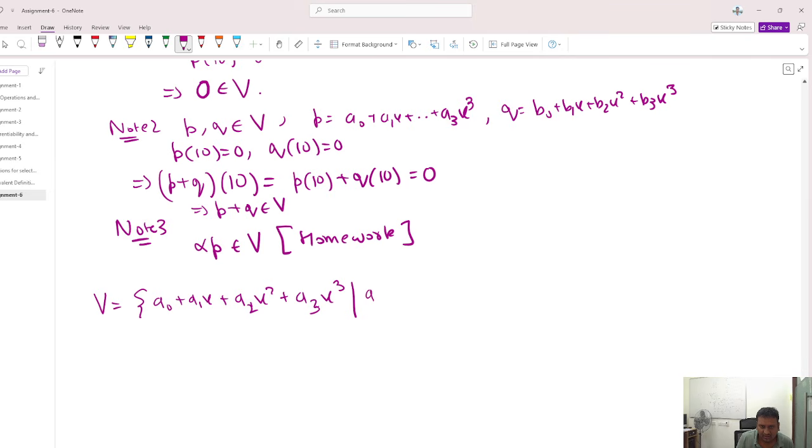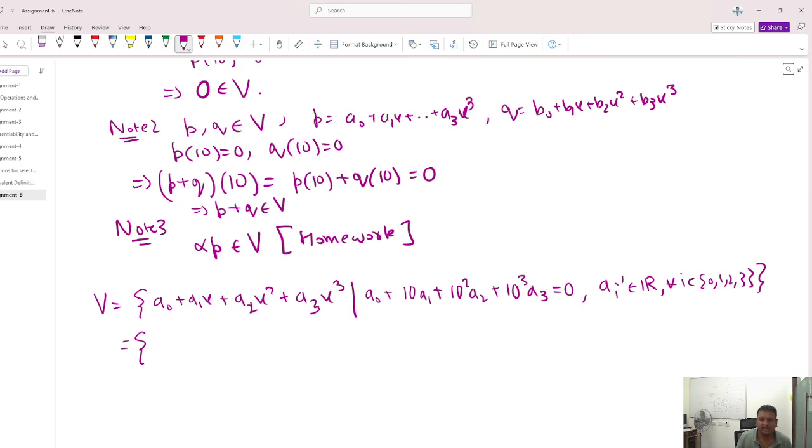You have a0 plus a1 into 10 plus 10 square a2 plus 10 cube a3, I'm just saving my space, this is 0. And the a_i belong to the real numbers, for every i in 0, 1, 2, 3.